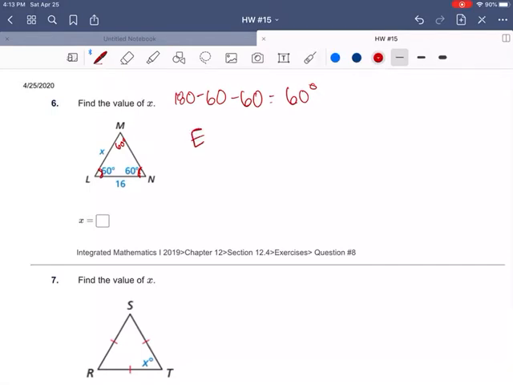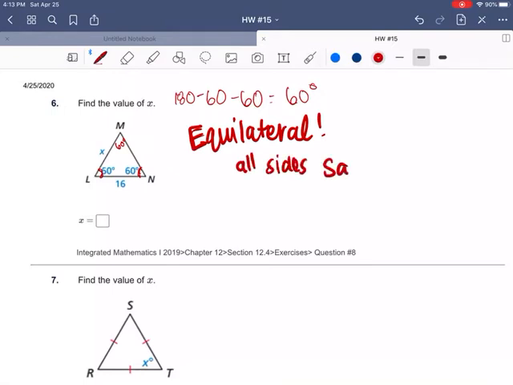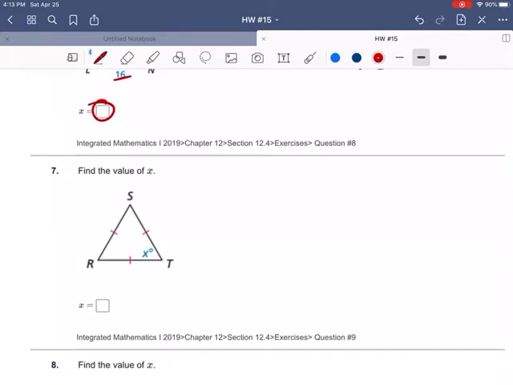So what that means is this is an equilateral triangle. And since it's equilateral, all sides are the same length. And we know this side's 16, so I'll let you figure this answer from there.